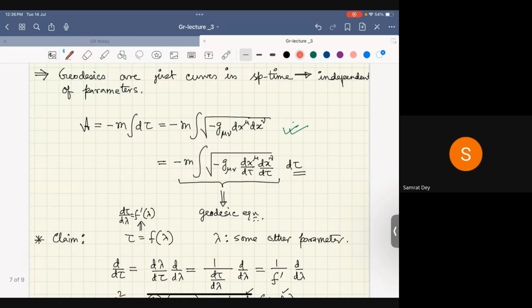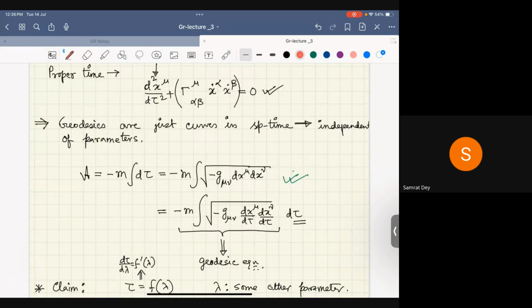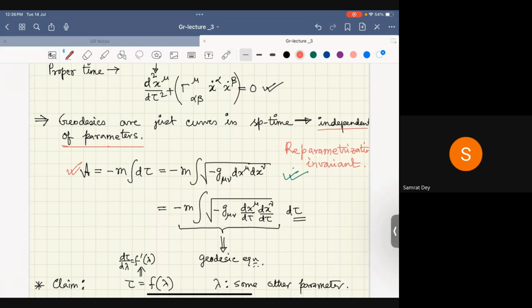This is very crucial because the one that we are using here with respect to tau, there is a terminology that is known as the action being reparametrization invariant. And this reparametrization invariance is a very, very crucial property of this type of actions that we are considering here.